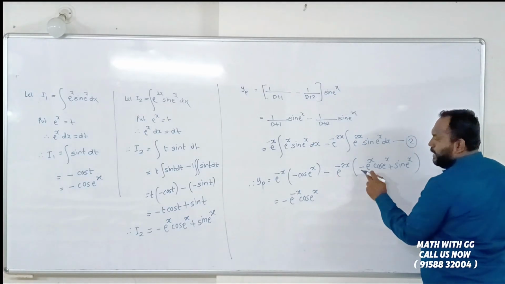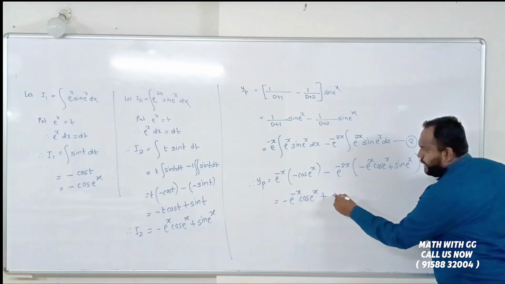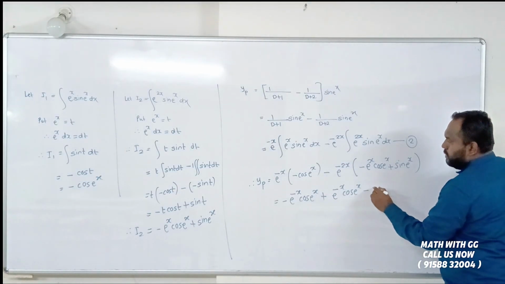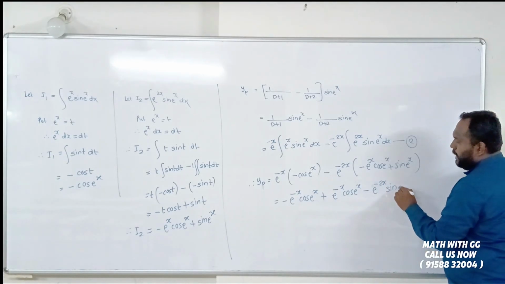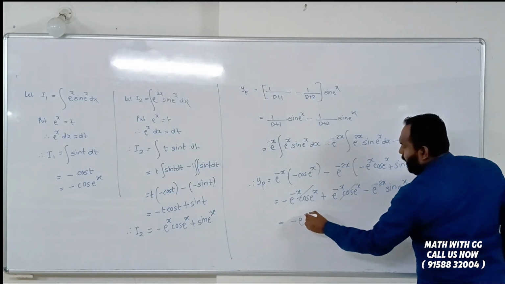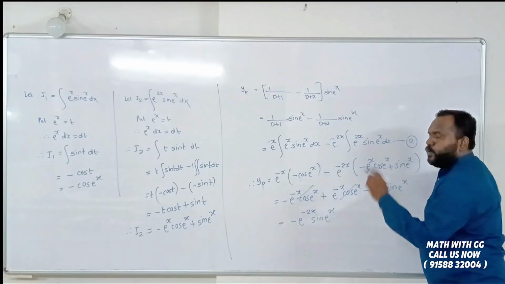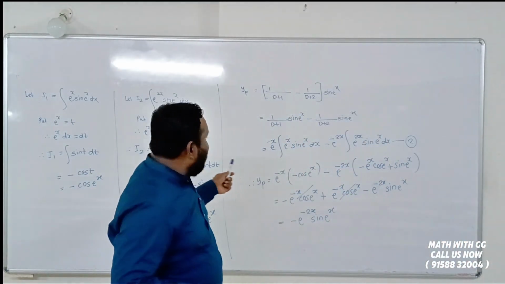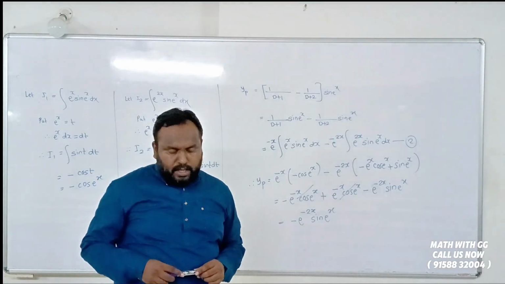If you multiply, minus minus is plus, and e raised to minus 2x into e raised to x will be e raised to minus x into cos e raised to x, minus e raised to minus 2x into sin e raised to x. So this term gets cancelled. So we get yp as minus e raised to minus 2x sin e raised to x. So this is the value of the integrations, and if you substitute this, we get the required yp.